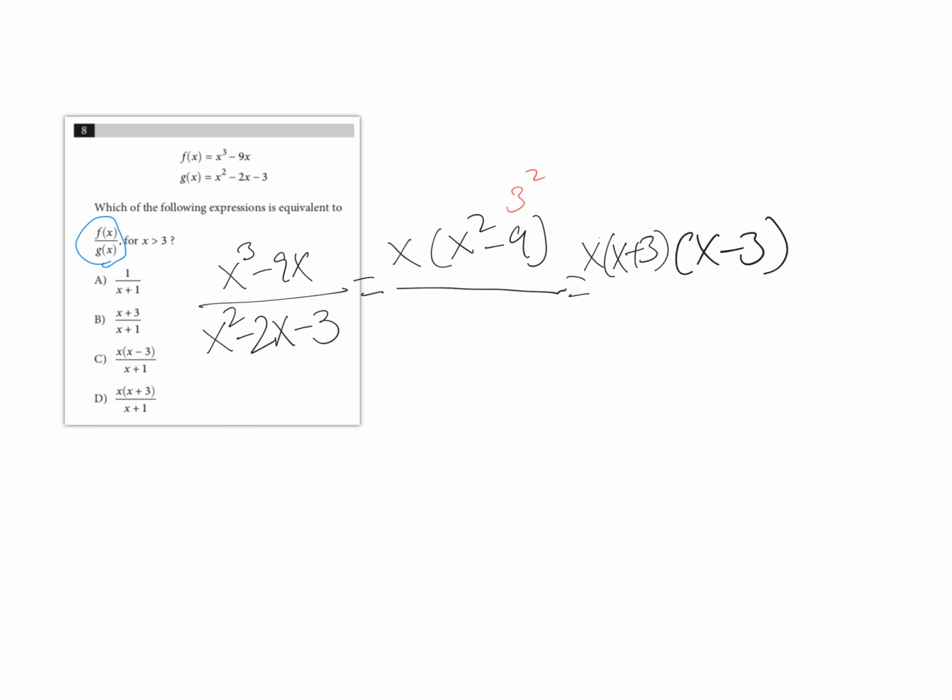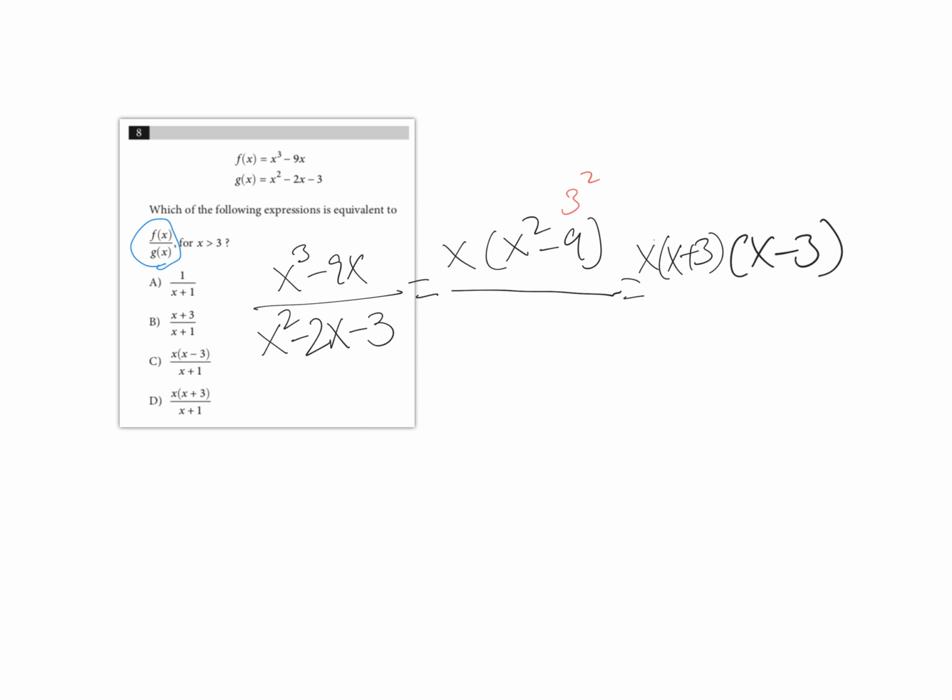Let's look at the denominator. In the denominator, we have a trinomial, and whether from Algebra 1 you remember the Xbox, or maybe from Algebra 2 or pre-calculus you remember the big X, I'm going to go with the big X. So we can do our big X to simplify. We know that x times x is x squared. Now we've got to think of two numbers that multiply to -3 but add to -2. In this case, it's -3 and +1.